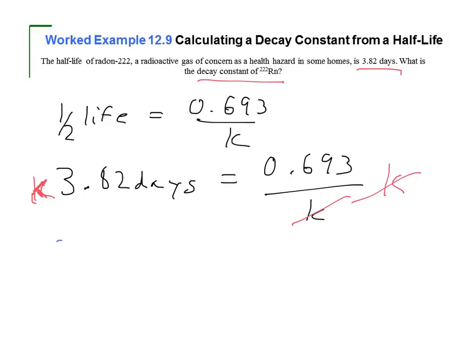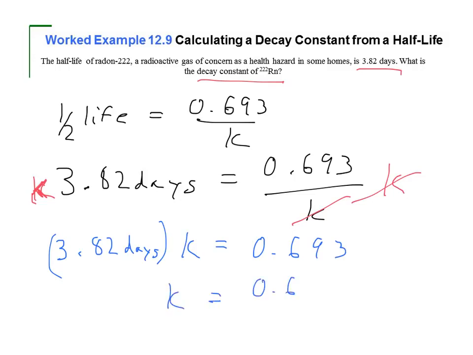So that gives me 3.82 days times k equals 0.693. So k equals 0.693 divided by 3.82 days. That gives me 0.693 divided by 3.82.